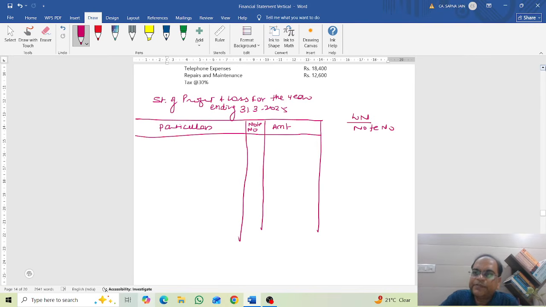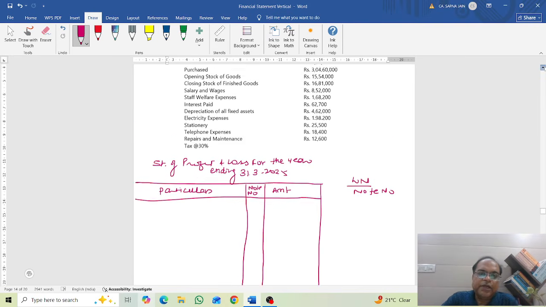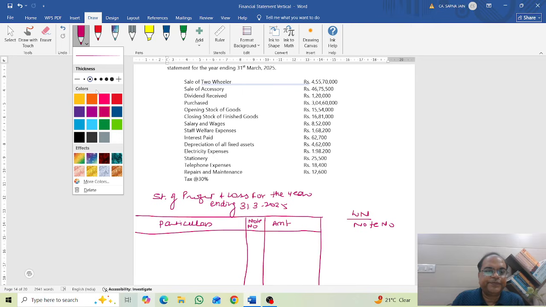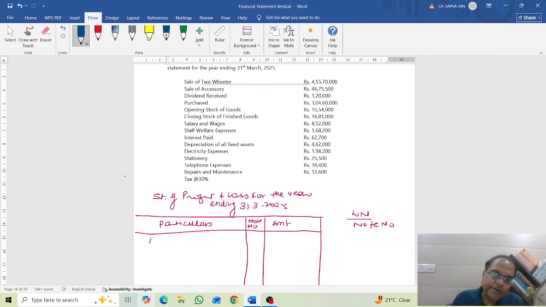Now pick the figure and put the figure into the specific point. Sale of two-wheeler and sale of accessories both are revenue from operation.